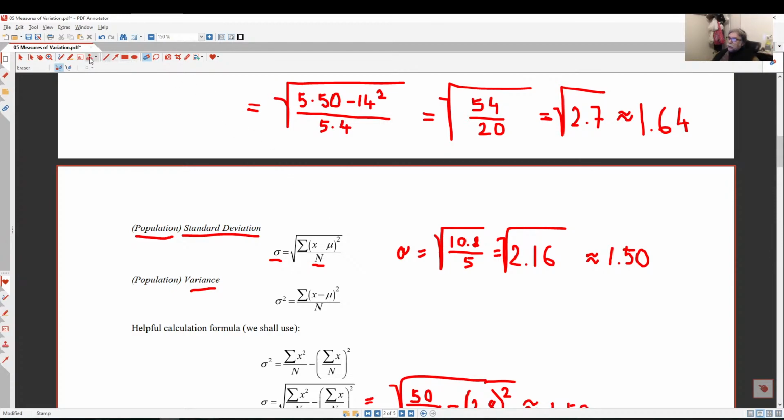So let me point this out, the difference, and up closer. So when you're calculating the sample standard deviation for the sample, you are using the following formula. So different label, sigma, S, S for the sample, sigma for population. The summation stands in both formulas, radical stands in both formulas.